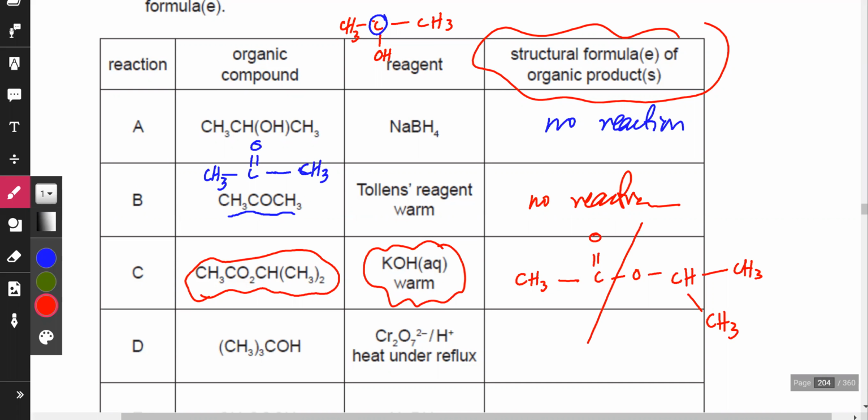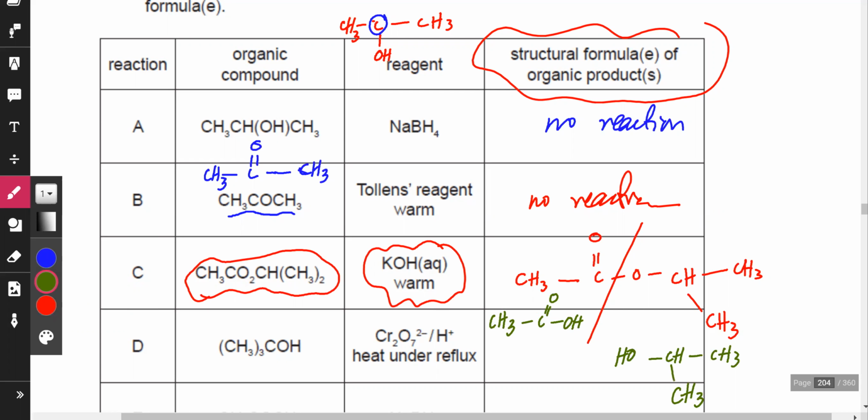This side would be the carboxylic acid side. So the product would be CH3, C double bond O, and OH. And this other side would be your alcohol side. So it's going to be OH, CH, and then there would be two CH3s attached to the carbon atom. So that's the alcohol side.